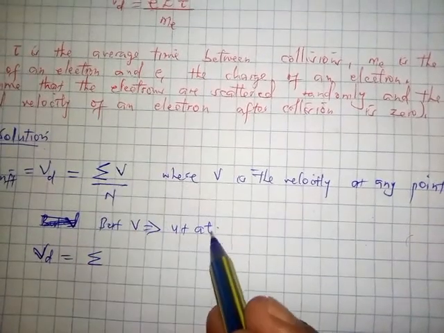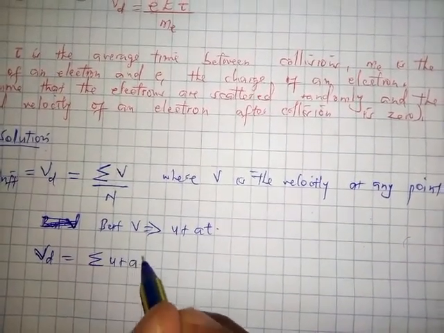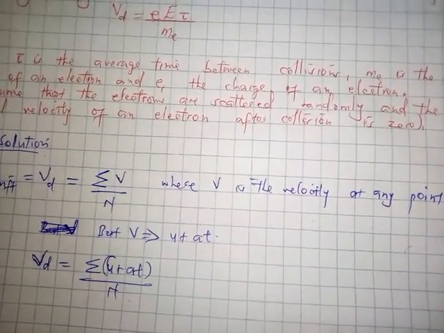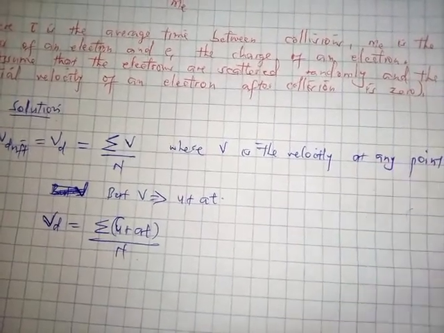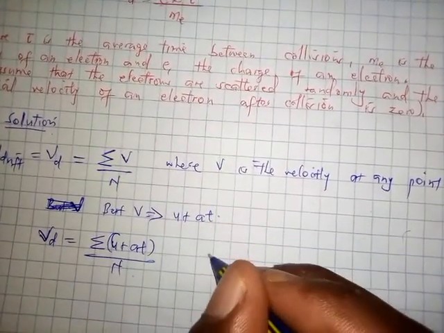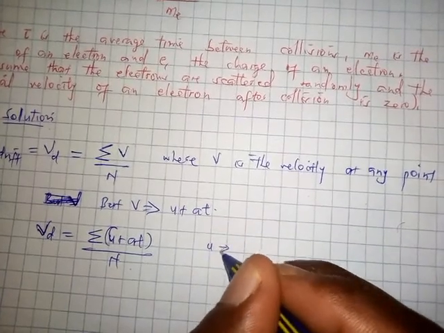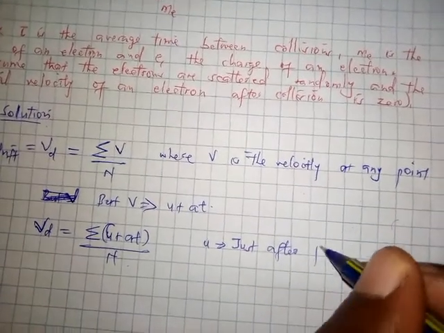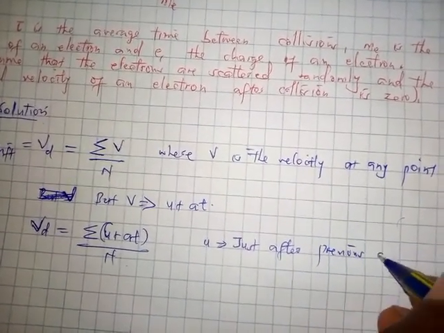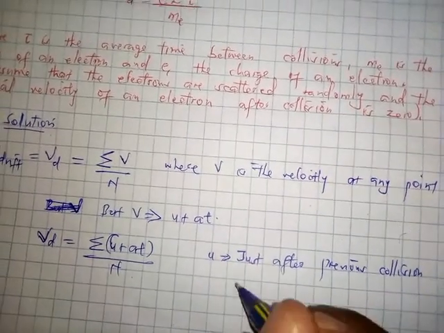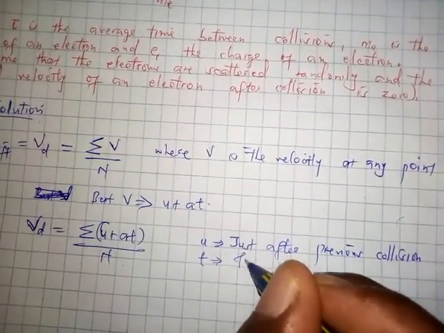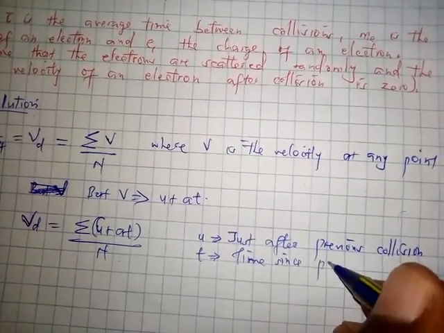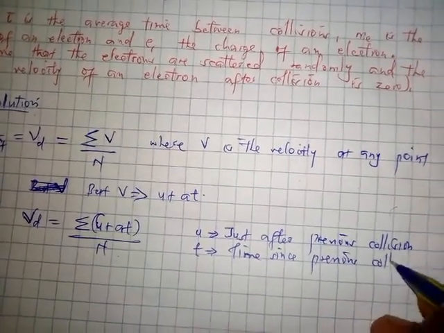We substitute this V with U plus AT over N. And remember, U is the velocity just after previous collision, and T is the time since previous collision.